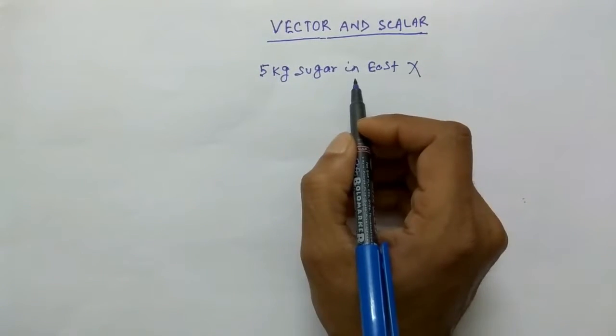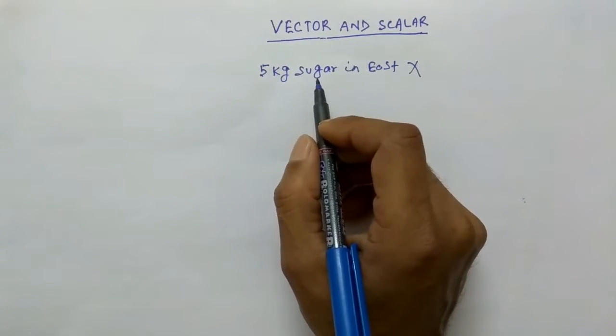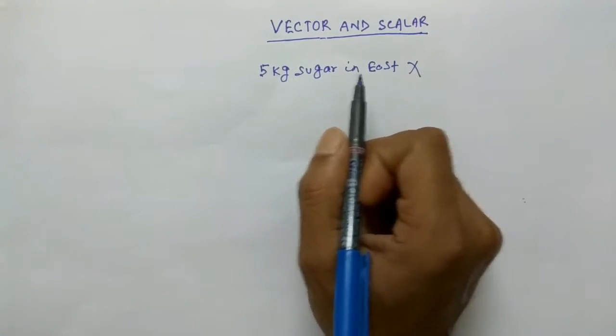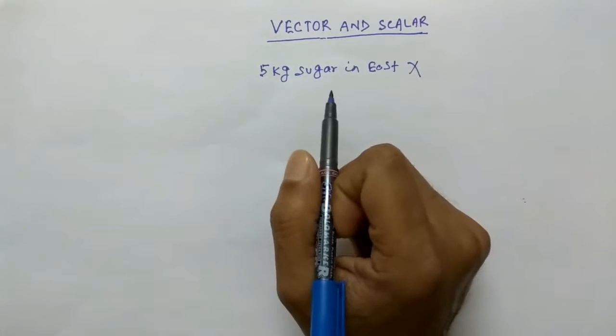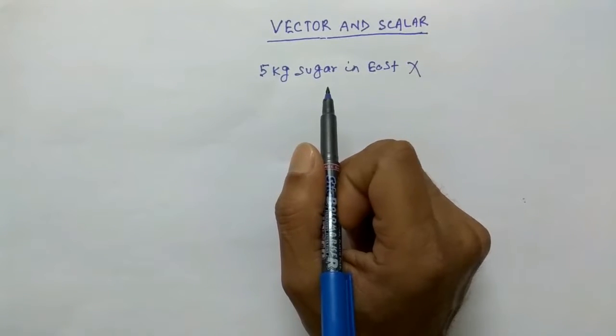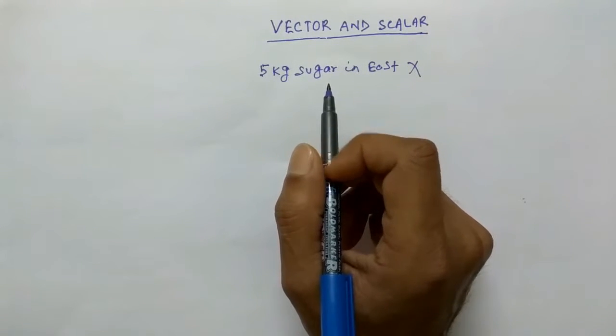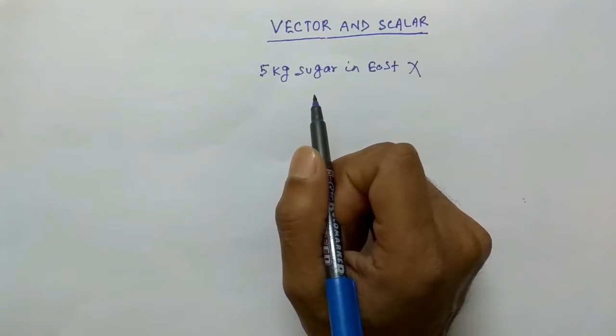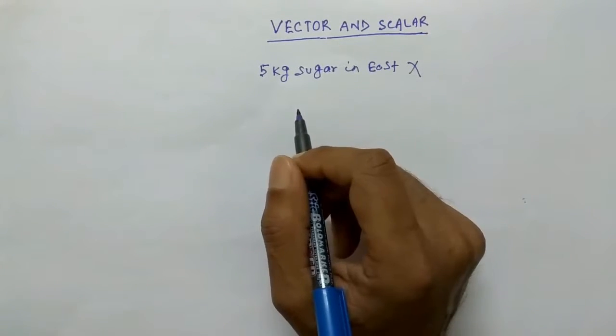We do not say that. We only say, give me 5 kg sugar or 5 kg potatoes. So some of the quantities do not require direction for describing them. Such quantities are called scalar.